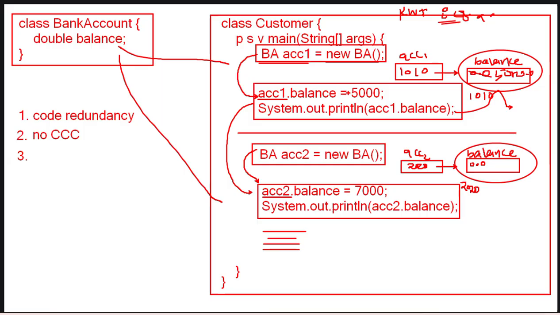And the third important problem, try to answer now. If I write here minus 5,000, will the compiler stop me from storing it? No, because 5,000 is an integer number. Can an integer number be stored in a double data type variable or not? Yes. So minus 5,000 can be stored, but according to the business, is it a valid value or not valid? Not valid. According to the compiler, allowed.